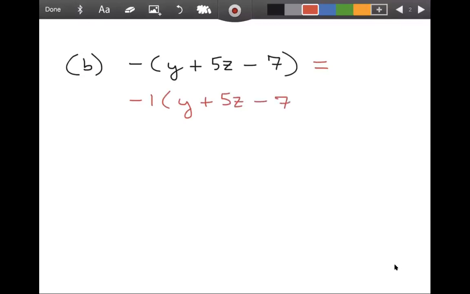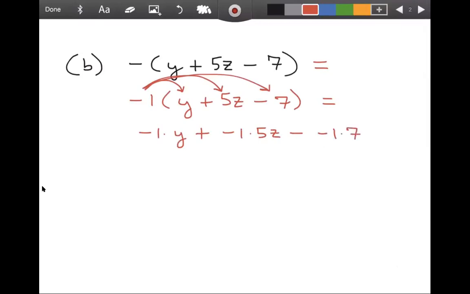So now I'm going to multiply every term by -1. And what I want you to notice in particular is what that does to the signs inside. So we have -1 times y plus -1 times 5z minus -1 times 7.